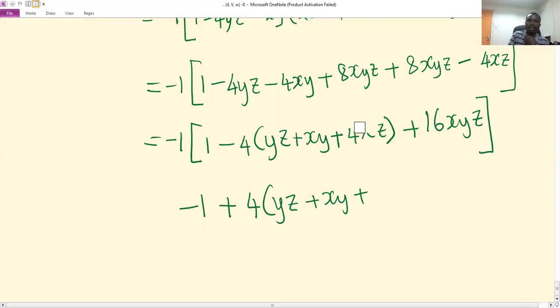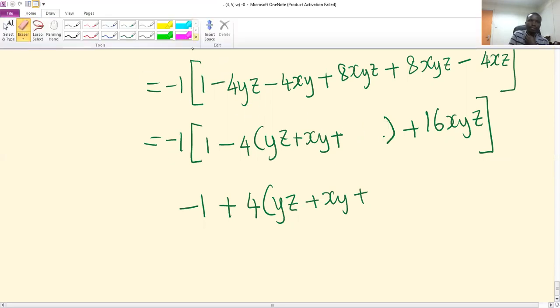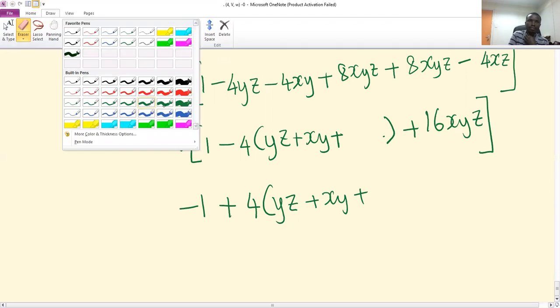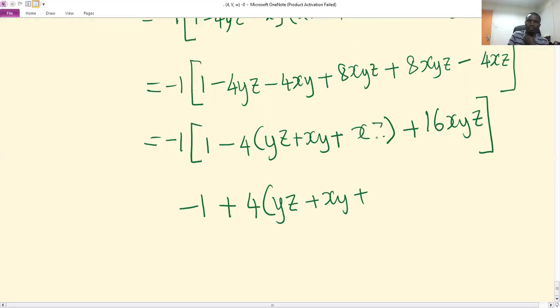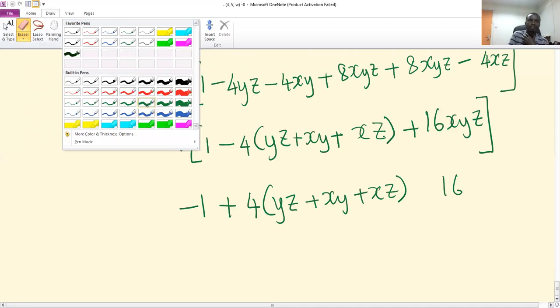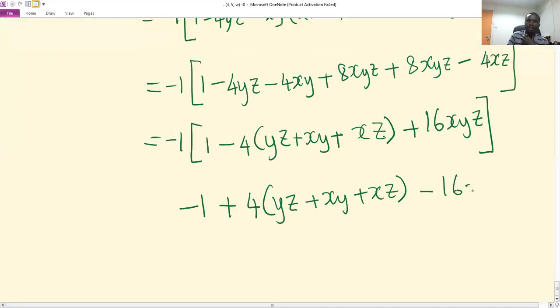So this is just xz, and then minus, because we are multiplying every term by -1, minus 16xyz.